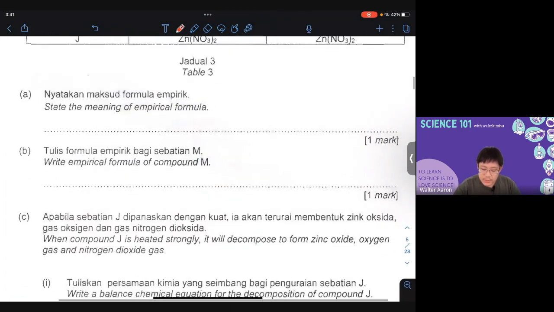All right, let's move on to the next one. State the meaning of empirical formula. So empirical formula is the formula that shows the simplest whole number ratio of the atoms of each element in a compound.